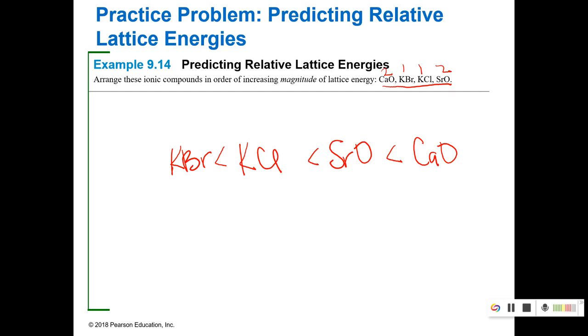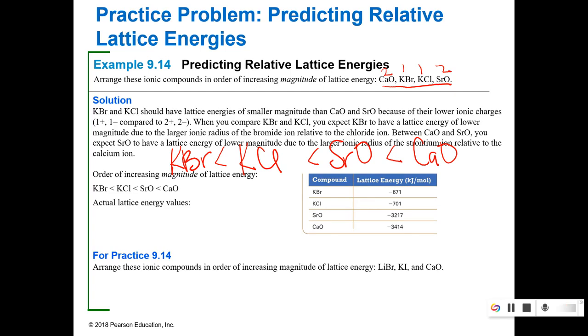Increasing means smallest to largest. Decreasing means largest to smallest. And then they checked it with values, but you don't need to look up their values. You just need to look at the charges and the size. So again, charges first. That's the easiest. Increasing, so CaO is going to be last.